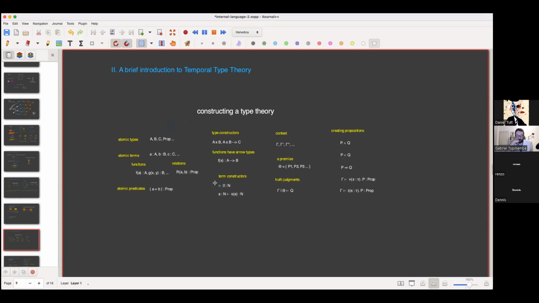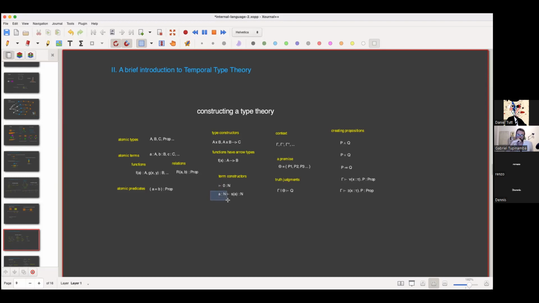By the way, this thing is called a turnstile, this sideways T, and it basically says, give me some logical material and I'll give you some other logical material, right? So if it's empty, if there's nothing on the left, that means I'll give it to you for free. So I'll give you the number 0 for free.